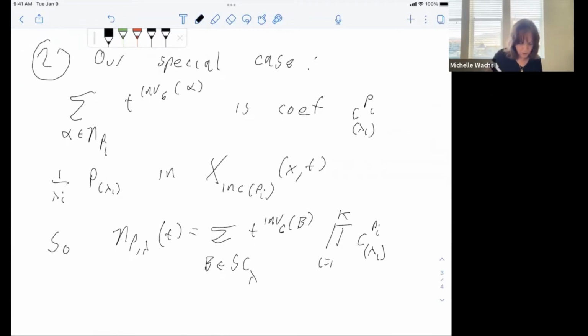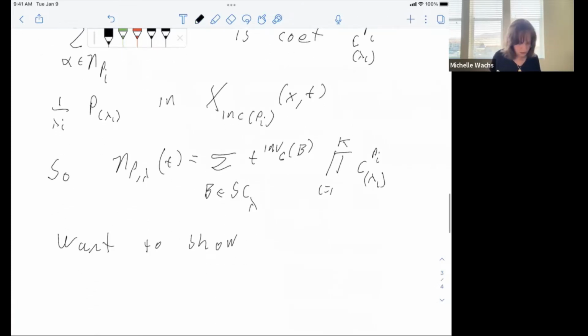So in order to complete the proof, we just need to show that C lambda P, because we're trying to show this equals this.